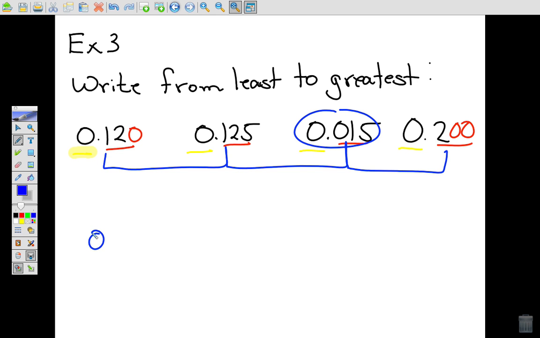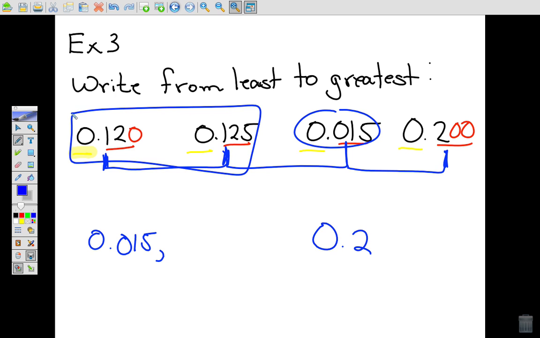So 0.015 is the smallest, all right? Now, what's the biggest then? Well, these were 1s, right? This was a 2. So my biggest automatically is 0.2 or 0.200. Now, there's a tie between these.